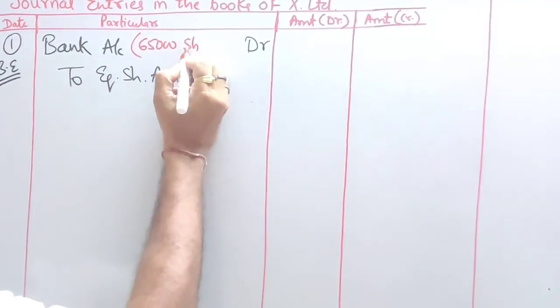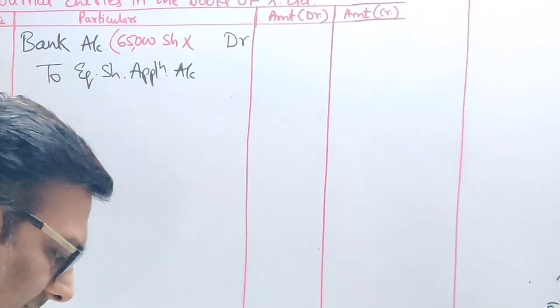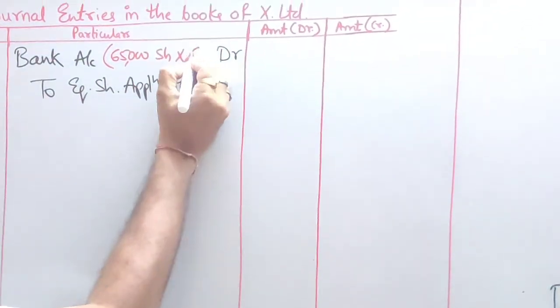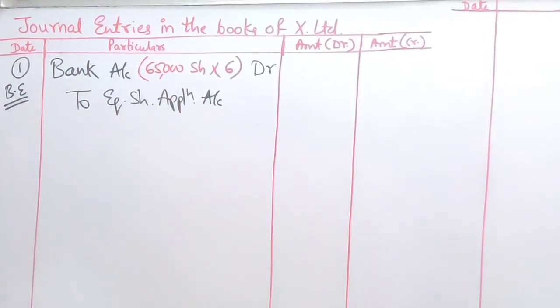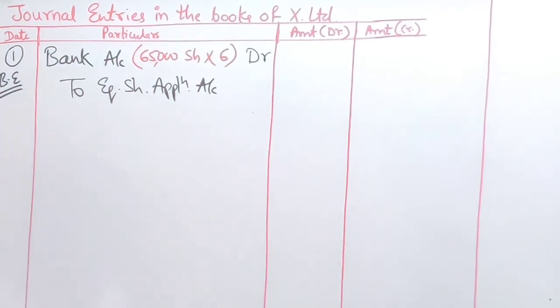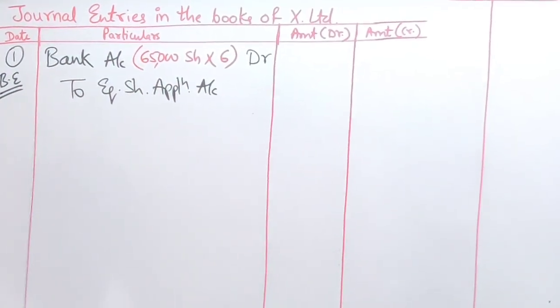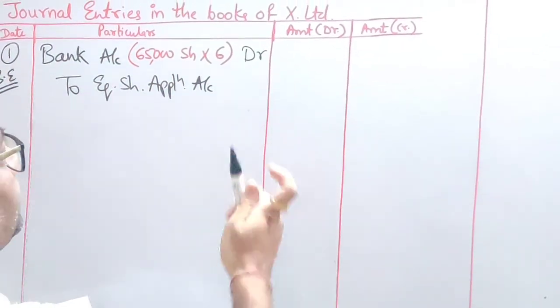This is the number of shares into application money. What is the application money? 6 rupees. So you multiply this with the 6 rupees to get the amount of application money. 65,000 into 6. So that is 3,90,000.